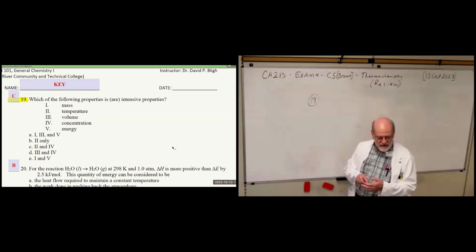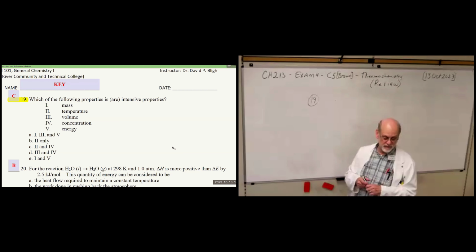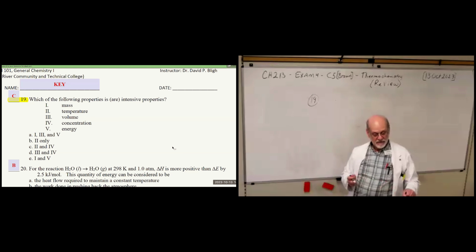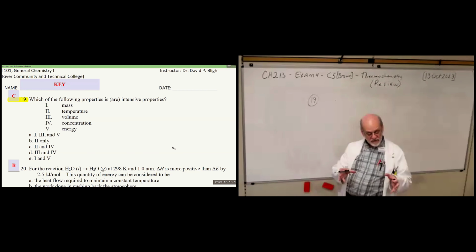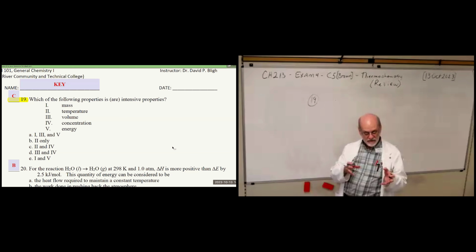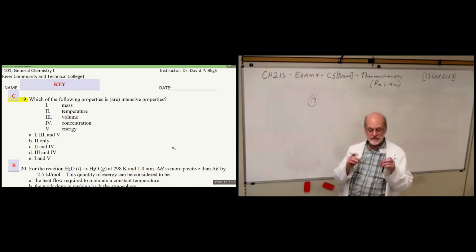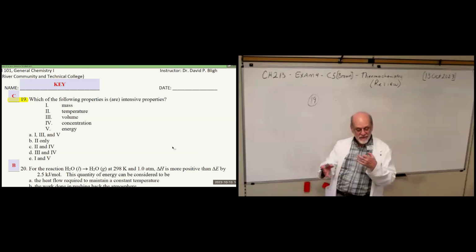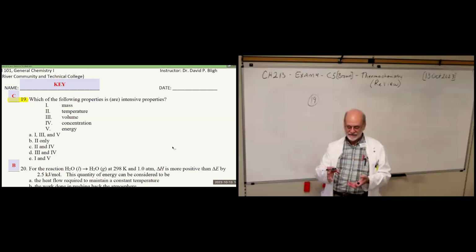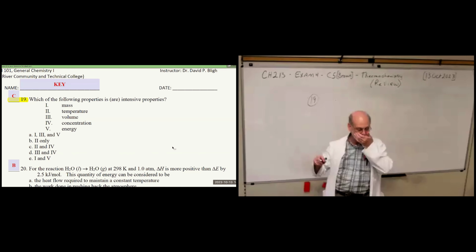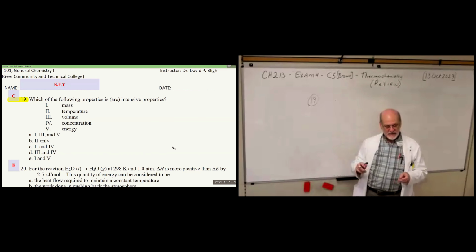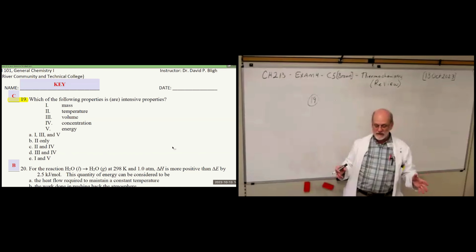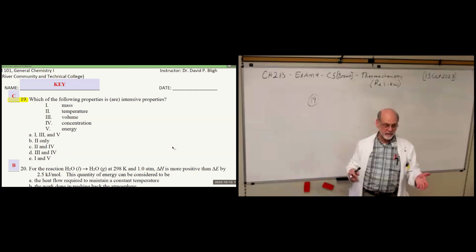Which of the following properties are intensive properties? All right. An intensive property, remember, is a property that cannot change with the amount of stuff. The amount of mass or volume or whatever the case may be, it's immune from that. Density is a good example.